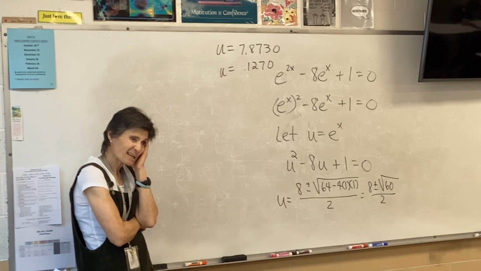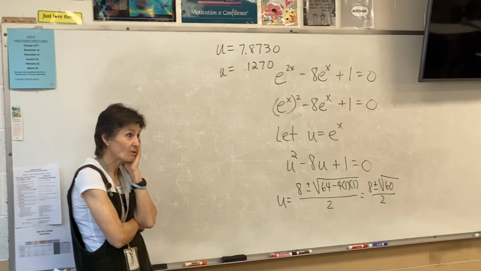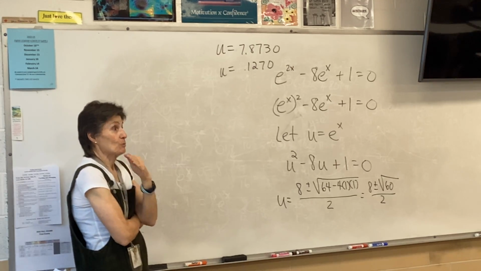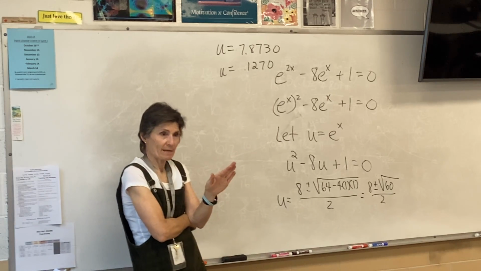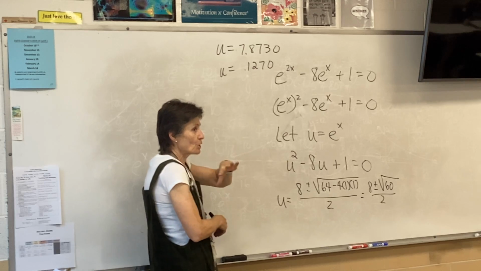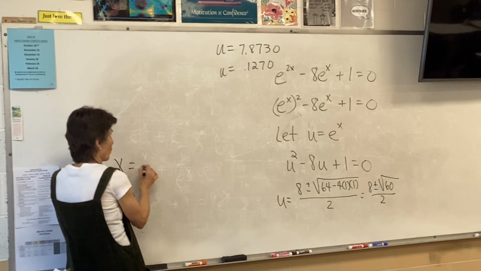I hope someone else got those. Is anybody else typing this in, or are you all zoned out? Thank you. Now, don't put those in the answer blank though, because those are u's. Your job is to solve for x.